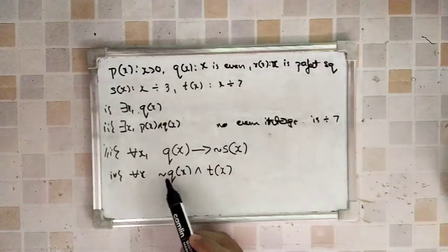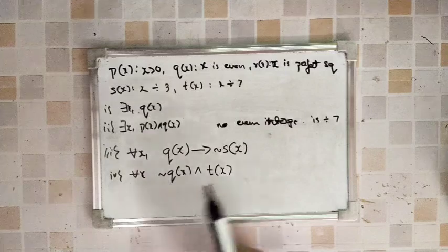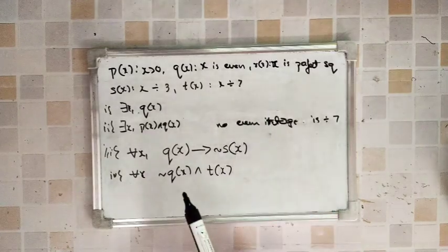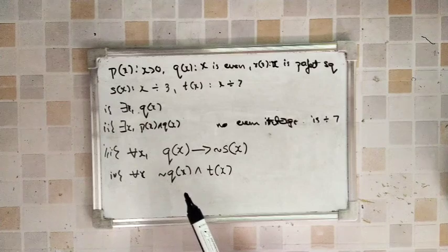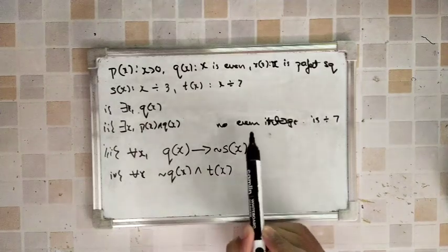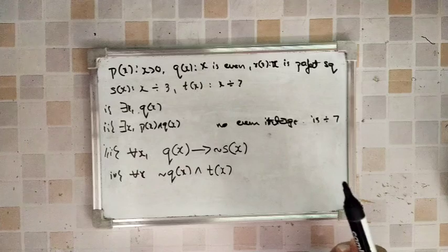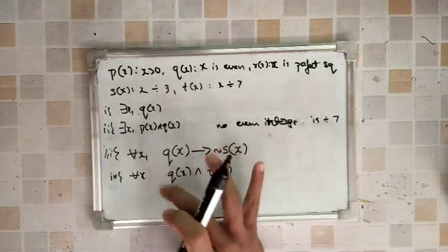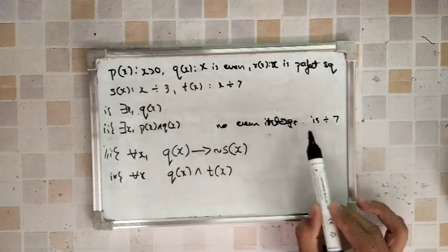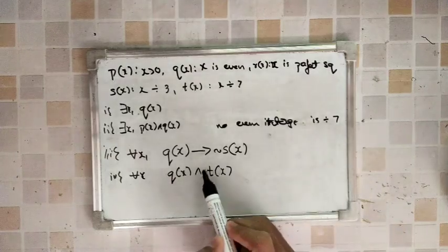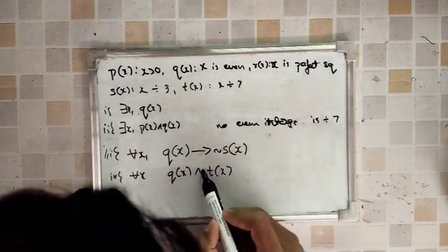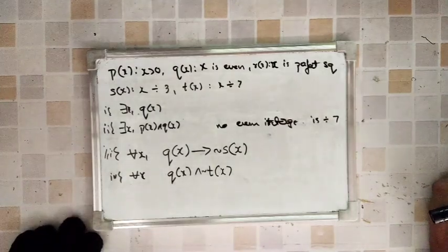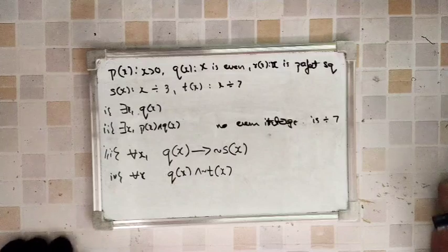Q is even integer, so I'll write negation Q of x, no even integer. Q of x even integer, which means even integer is not divisible by 7, right? Sorry for that. We have to read these questions properly.